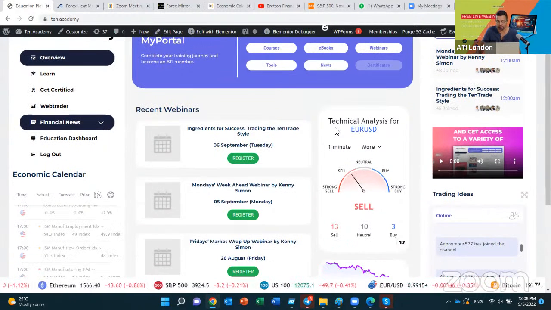As you can see in technical analysis, it says here for Euro USD, and that's giving you a little bit of an idea of the sentiments that the traders are going through at this moment of time. You can see it's more a selling or bearish type bias for Euro USD, and you can see the number for the sell, the number for being neutral, and the number for the buy.